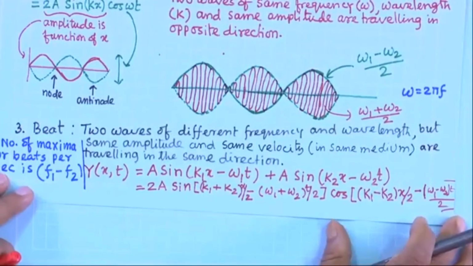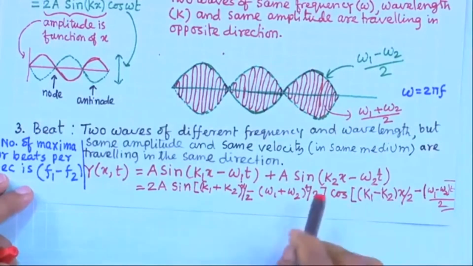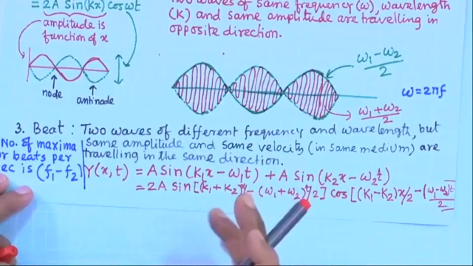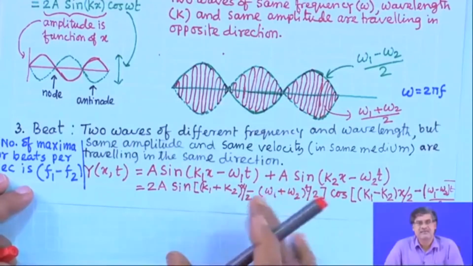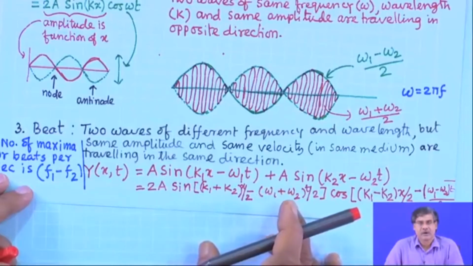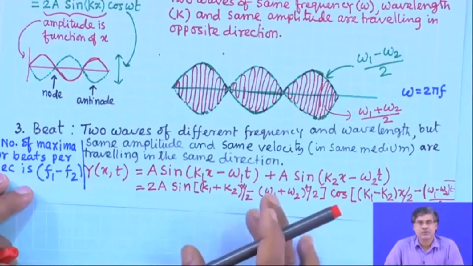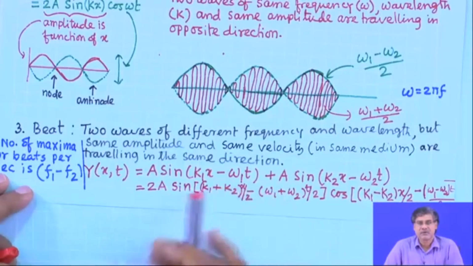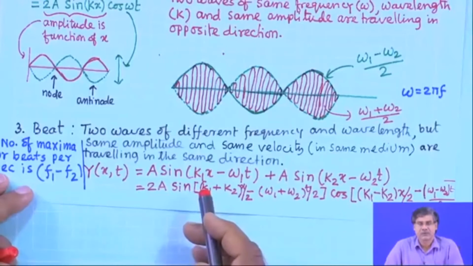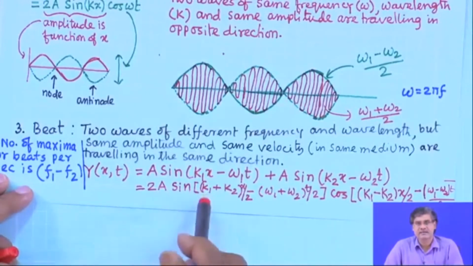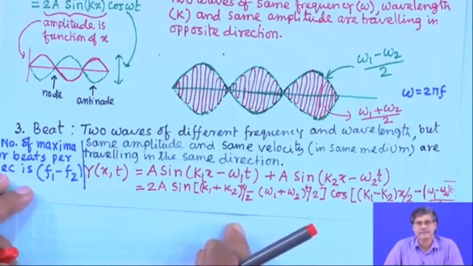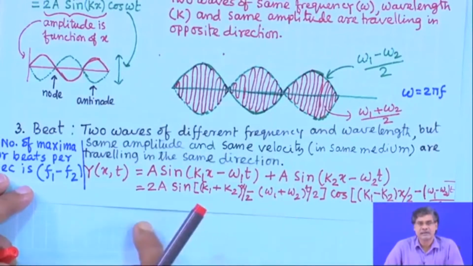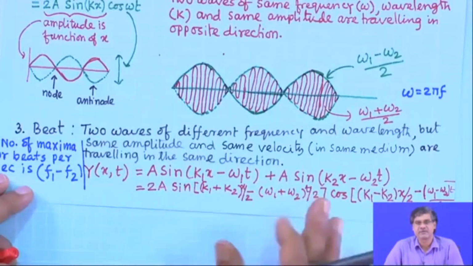Here, when we describe a wave, at a time we do not look at both x and t. We generally look at a particular x, what is happening with t, and then for a particular t, what is happening with x.